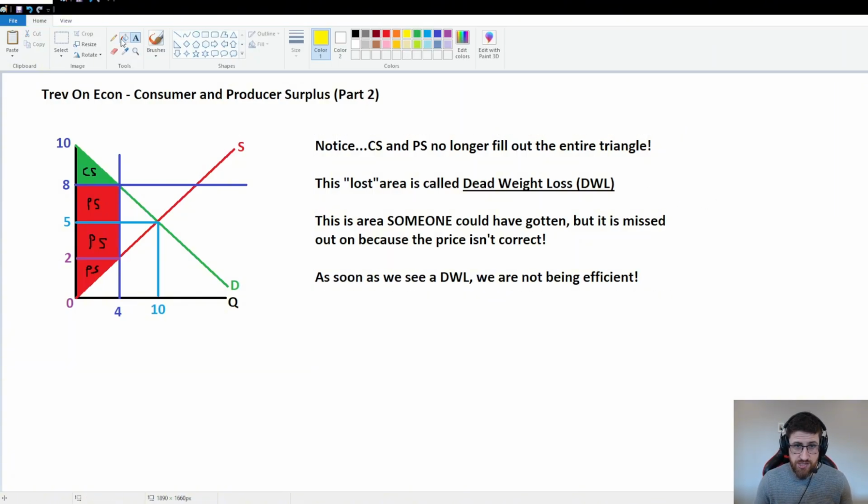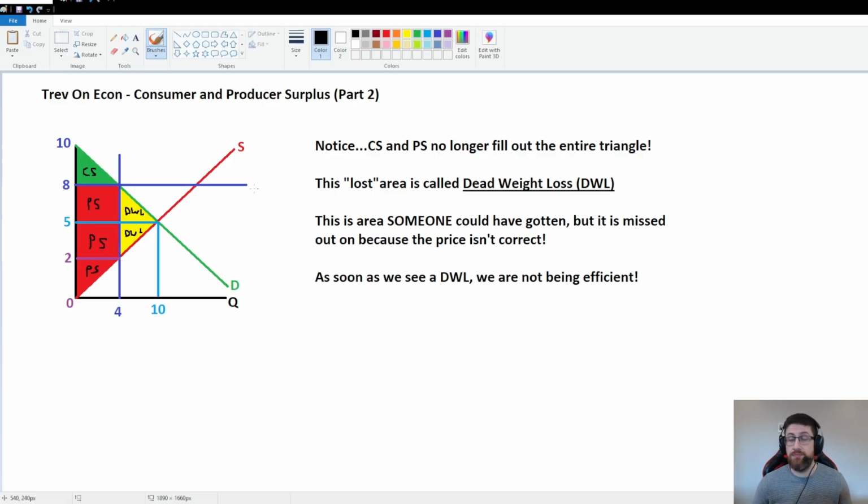I'm going to code this as yellow. Hopefully that kind of reads on your screen, but we're just going to put DWL, DWL. Now again, at the end of the day, it's still everything contained to this left triangle. All right. Do not get outside of there unless you're doing a more advanced course.